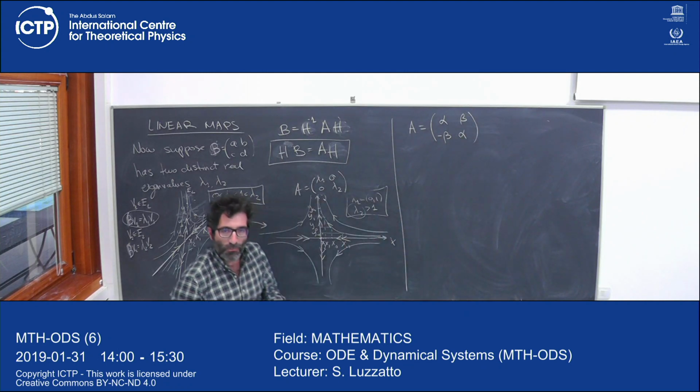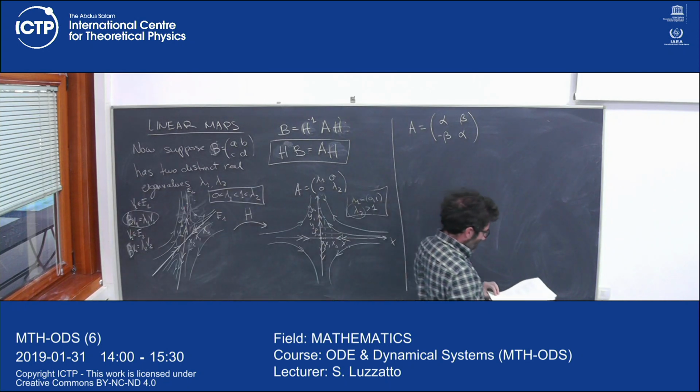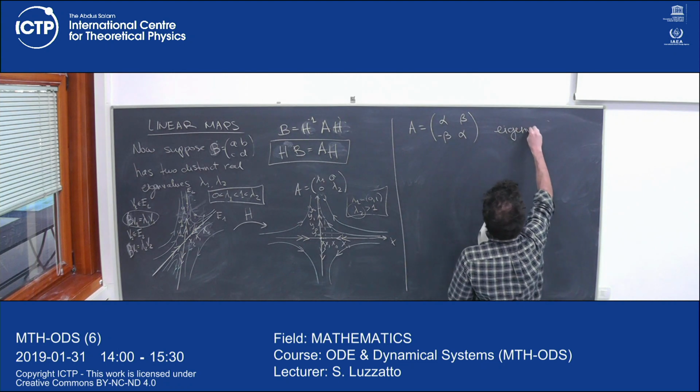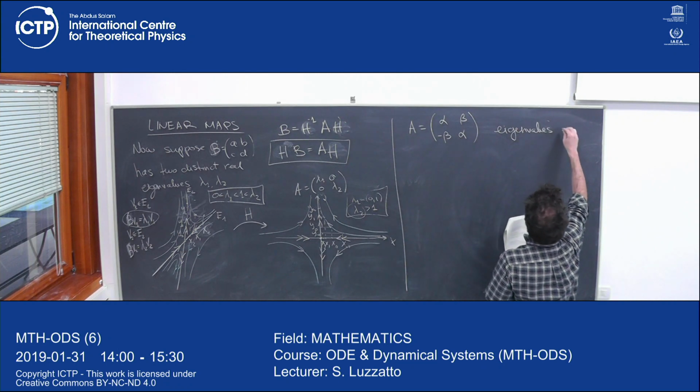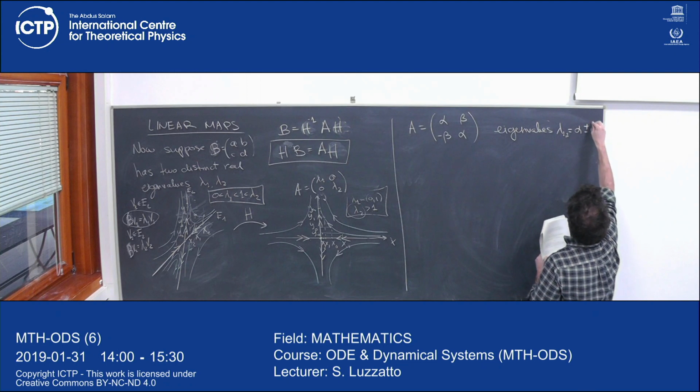This is the normal form, the standard form when you have complex eigenvalues, and this corresponds to having eigenvalues lambda 1 and 2, which are equal to alpha plus or minus i beta.